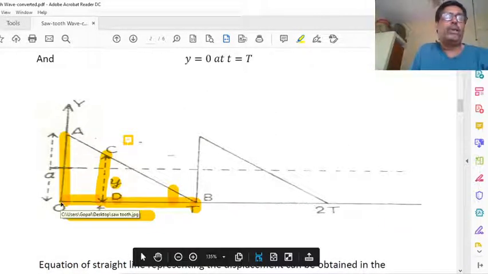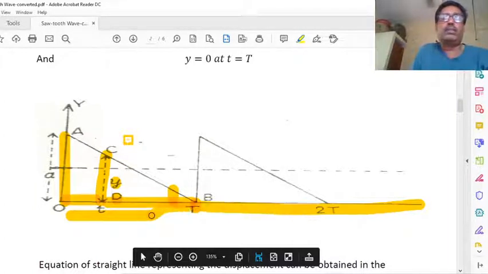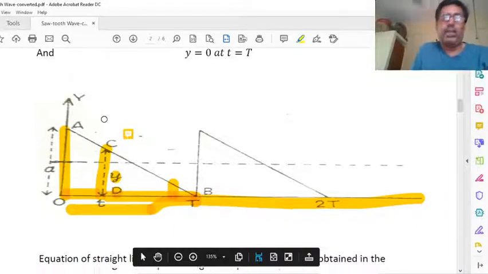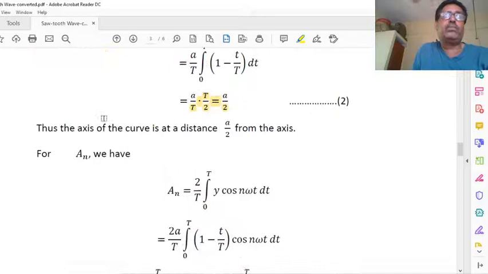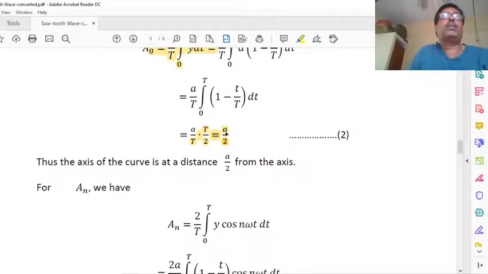Initially we took the axis here, with amplitude A. Now, once we get a0 equal to A by 2, we are sure that the axis will be shifted.